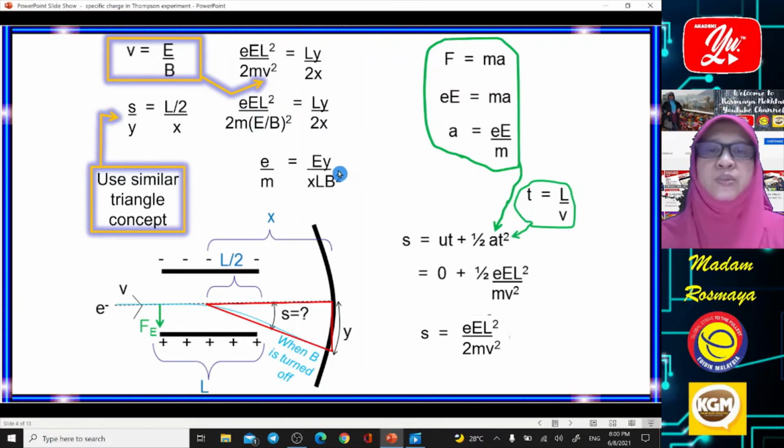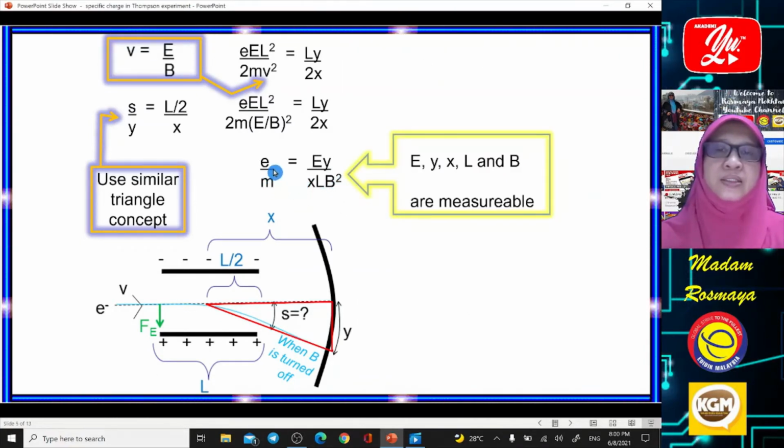So the equation becomes e per m equals Ey per xLB squared. So what is this e per m? This is the specific charge, electron charge per mass. E, y, x, L, and B are measurable. So we can get the value of the specific charge, or the ratio of electron charge to mass.